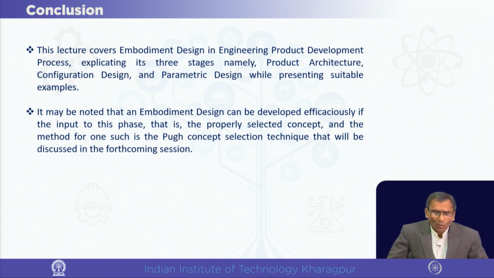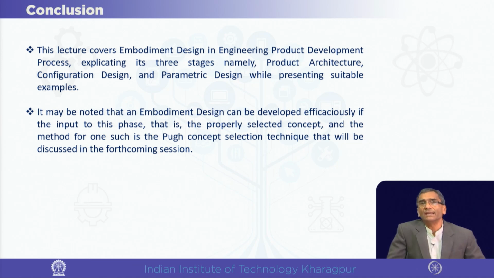So, what we will do is one of these concept selection processes, the PU method, that we will be discussing in the next lecture, that will help to understand and apply the embodiment design phase much better.